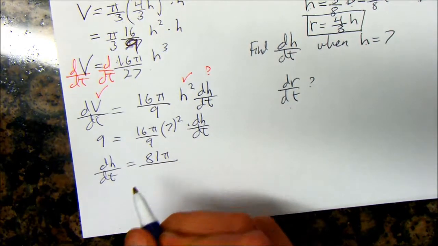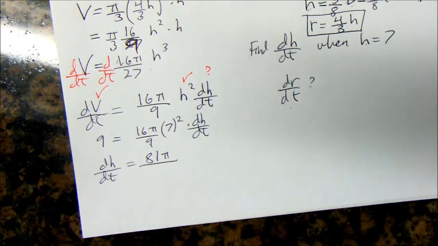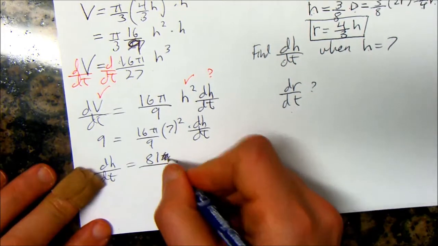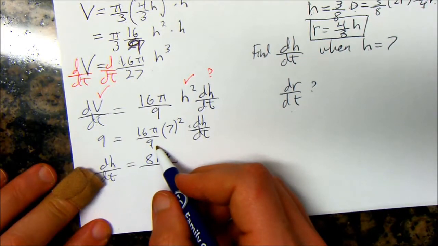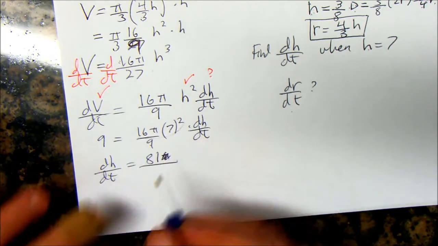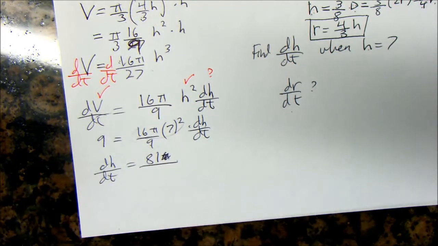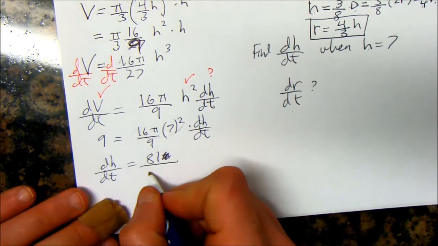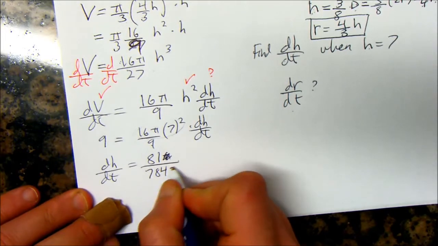Okay, so if I simplify this, or I solve for dh/dt, I'll get dh/dt is equal to 81 pi over, no, not 81 pi, sorry. The pi is going to be on the bottom. So it's going to be 81 over all of whatever's on the top here. So 16 times 49 is 784. So this is 784 pi.